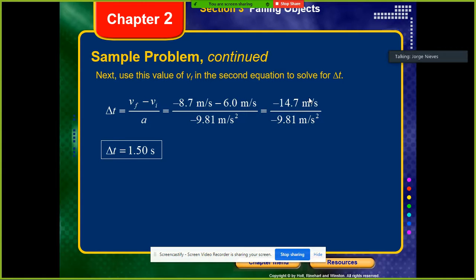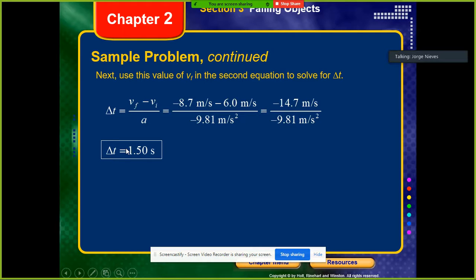And then you're going to divide negative 14.7 meters per second by the acceleration. When you divide negative 14.7 by negative 9.81, that's going to be 1.50 seconds. And it's positive because negative divided by negative is positive.